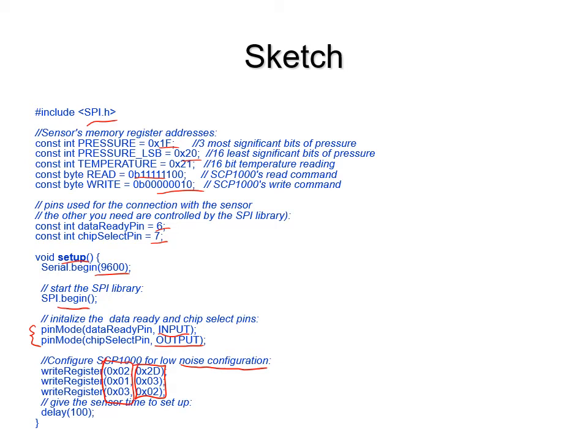Now, normally, when you are using the sensor, you should read the data sheet in order to know how to make a proper configuration of the device. The data sheet will tell you how to configure your device.